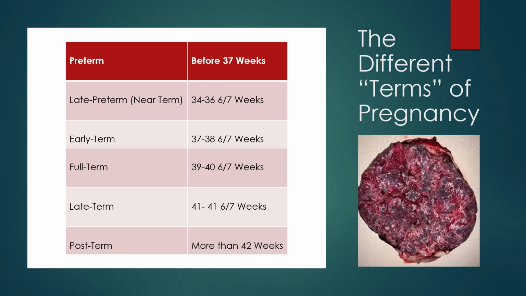Okay, so as you've already learned in earlier lectures, pregnancy duration is calculated from the first day of the patient's last menstrual period, or also referred to as their LMP. And it lasts for about 280 days or 40 weeks. So really, why is this important for us to understand?